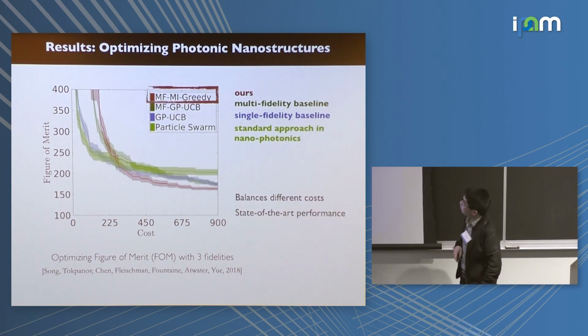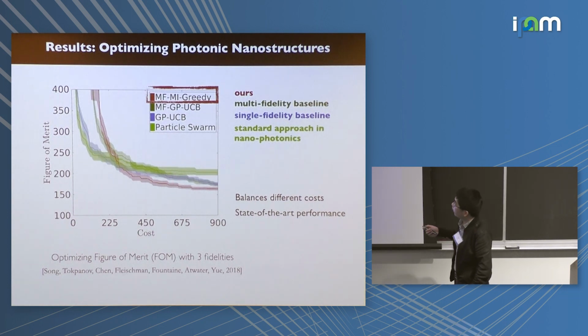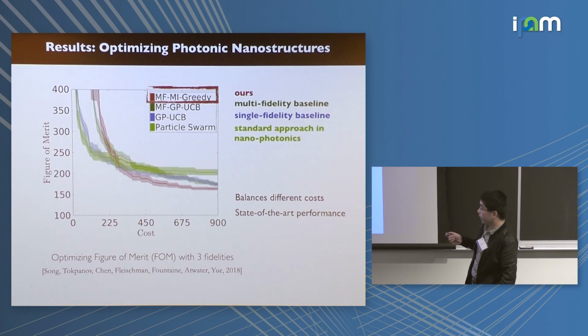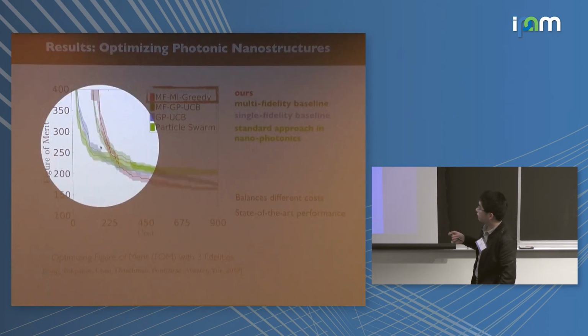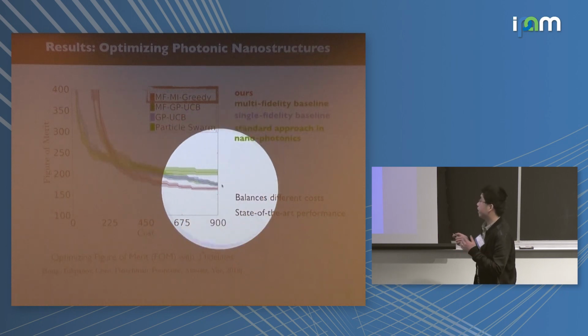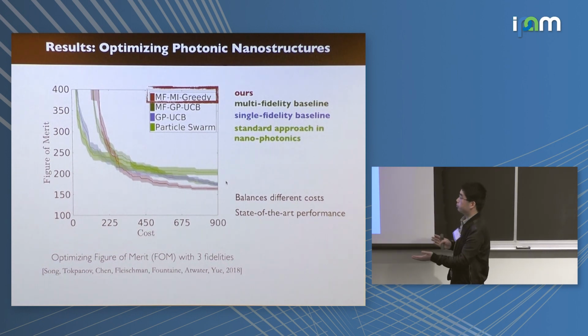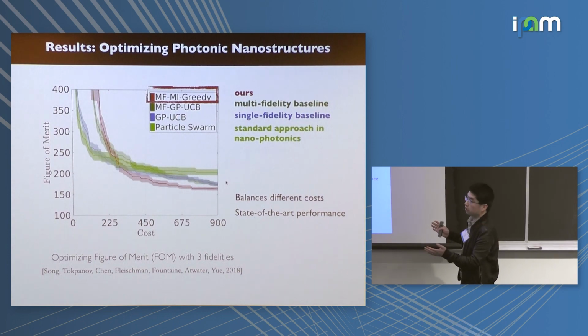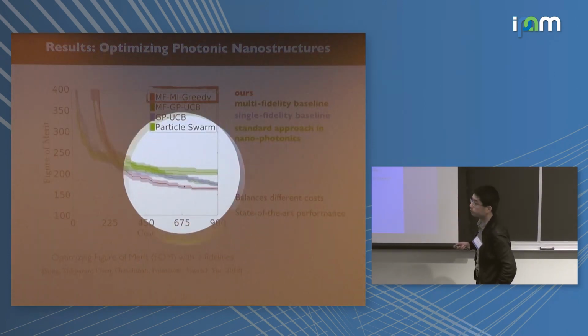The performance of MI-Greedy is actually not that good in the beginning, but it converges faster in the long run. I should mention that in this setting, we're given a fixed cost. We know the experimental cost upfront, and we want to get the best performance at the end of the experiment. So what we care about is basically the performance in the end.